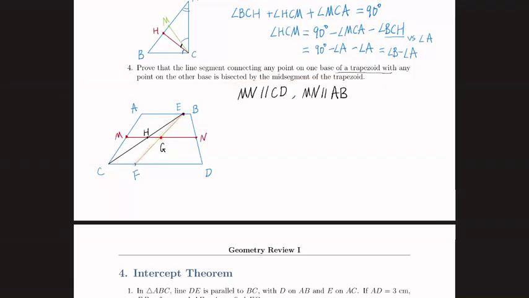Why must this G be the midpoint of EF? So we connect CE and FE.